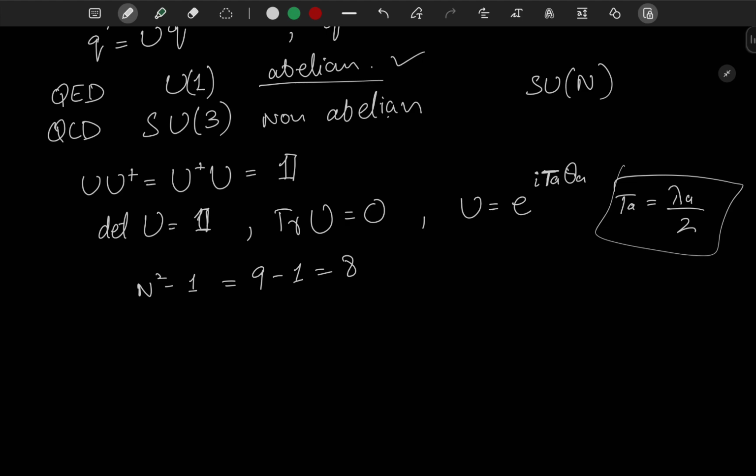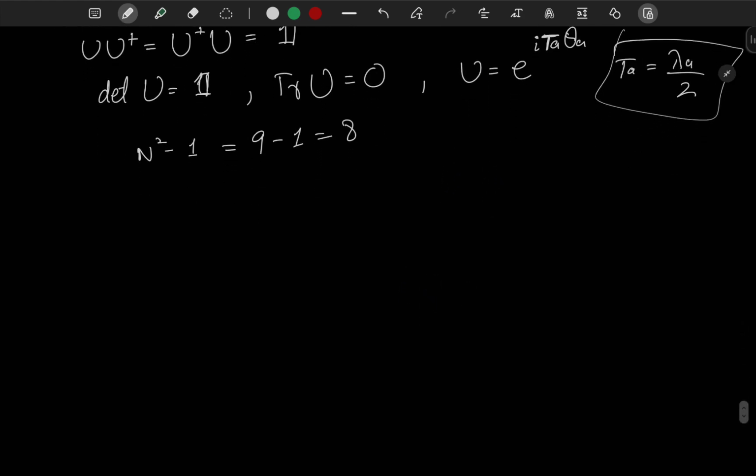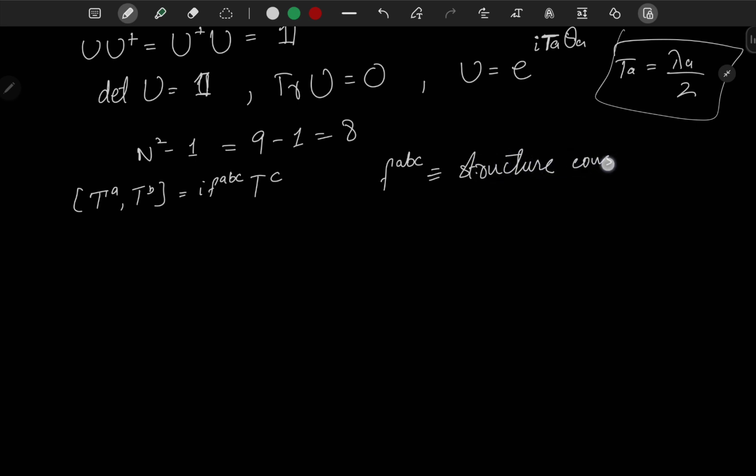Now moving forward, let's make this clear that since these are non-abelian, the commutation relation between these generators is equal to i f_abc T_c, where f_abc are the structure constants.